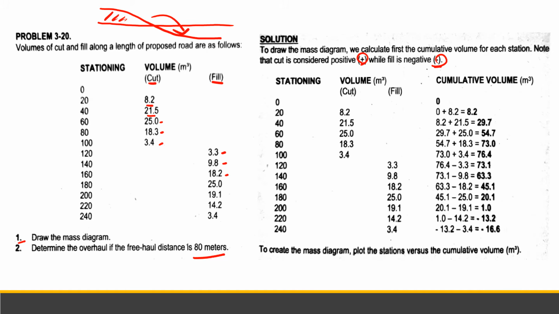So at station 0, of course the volume is 0 pa. So 0 to 20, meron tayong 8.2 cubic meters. Then 0 to 40, meron ng 8.2 plus 21.5, so that is 29.7. So ito yung 0 to 40 na volume.